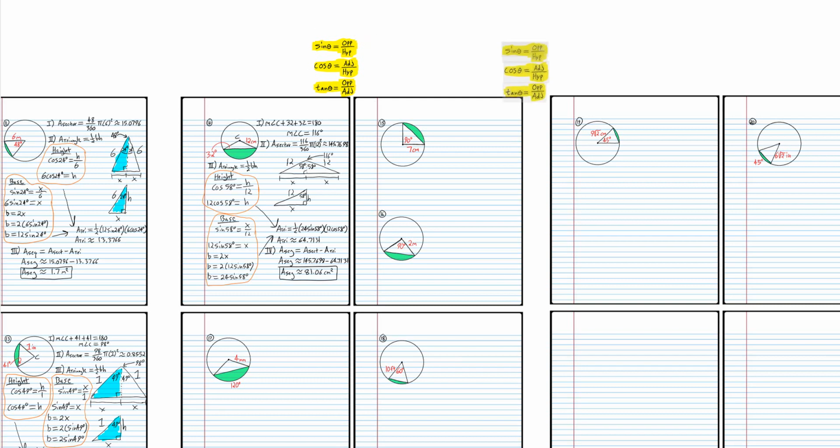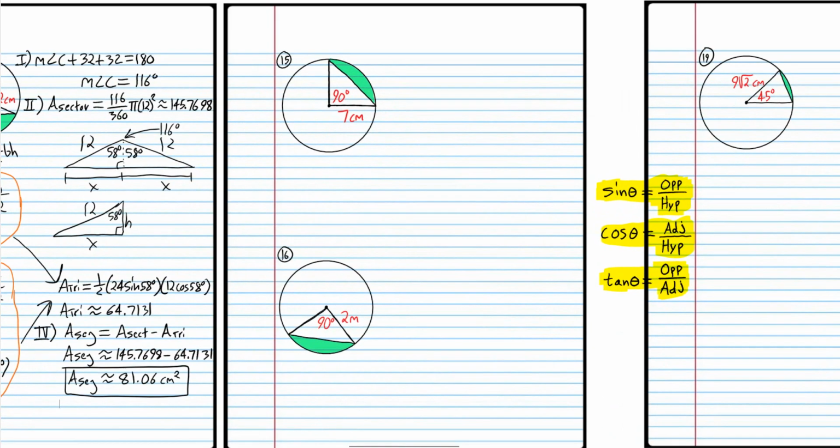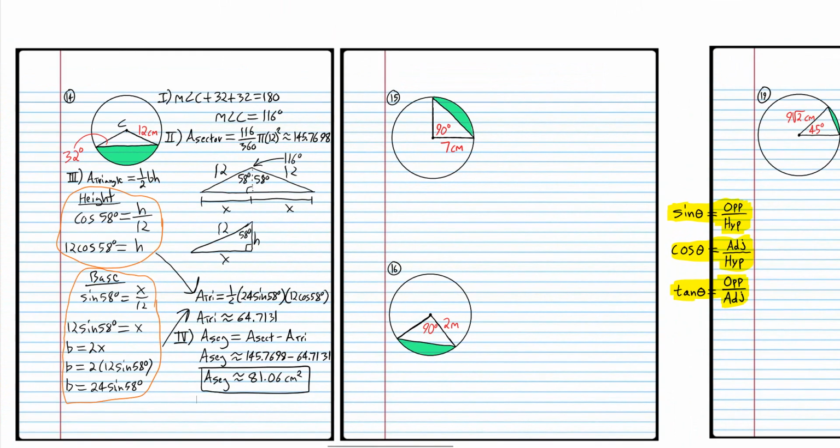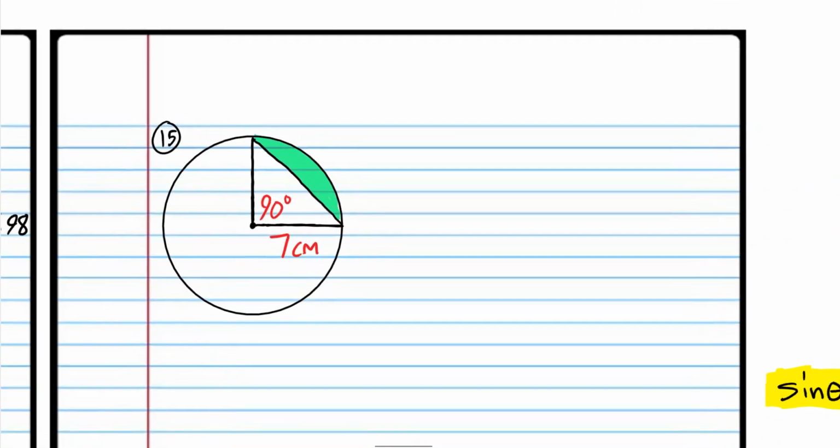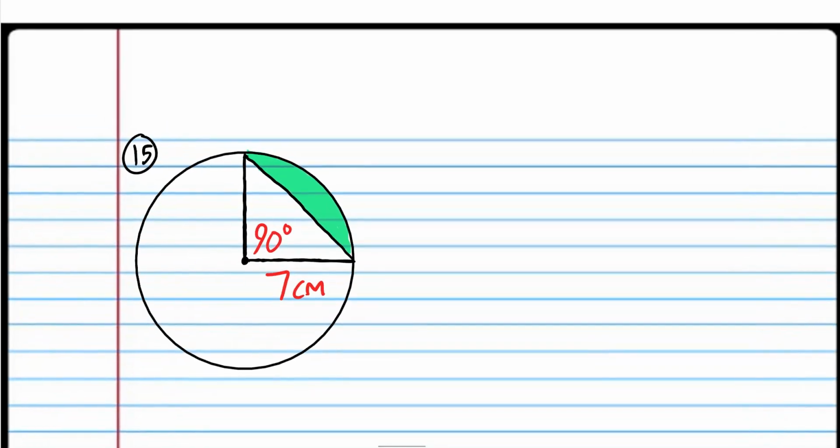But in certain situations, it's actually going to be easier to find the area of the triangles because you're going to have a special situation. So for number 15, the special situation is we have a 90-degree angle. So that means this radius is the height, and this side here is the base. So finding the area of the triangle is going to be really easy.